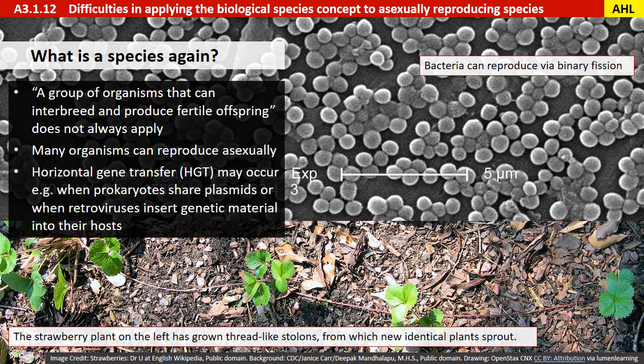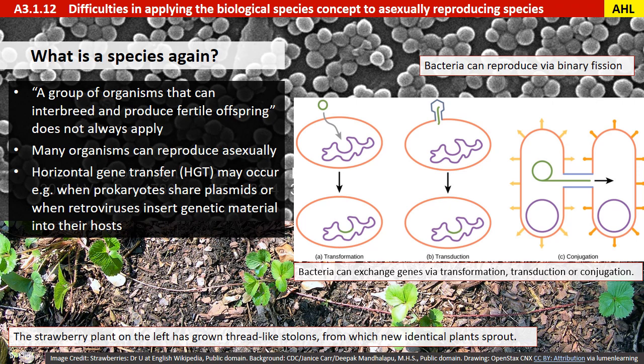There's also something called horizontal gene transfer, HGT. It may occur, for example, when prokaryotes share plasmids or when retroviruses insert genetic material into their hosts. On the left, you can see something called transformation, when free-floating DNA is inserted into the chromosome of a bacterium.